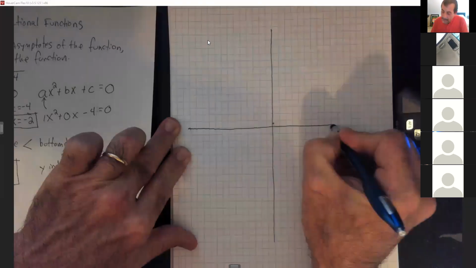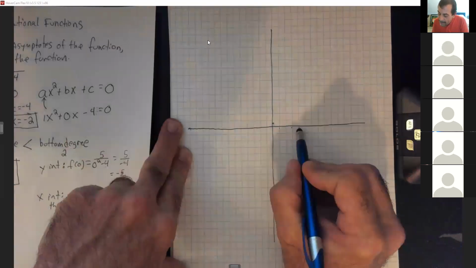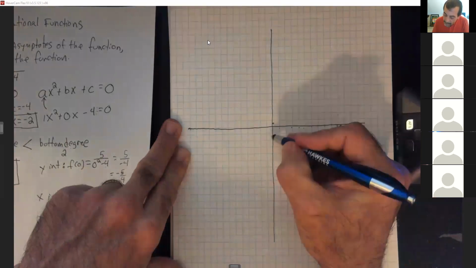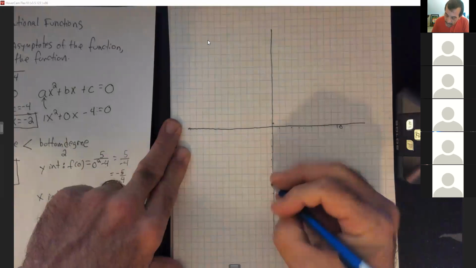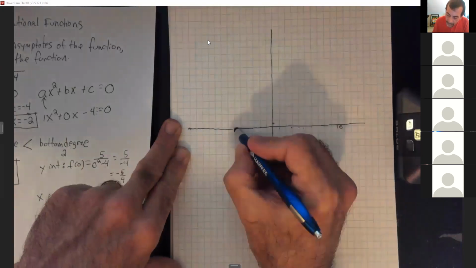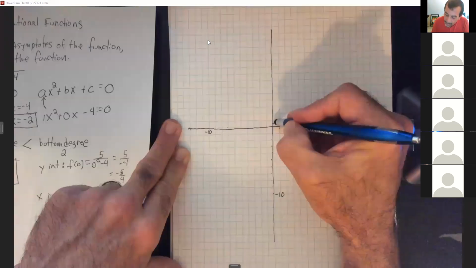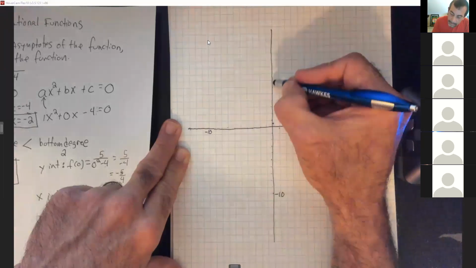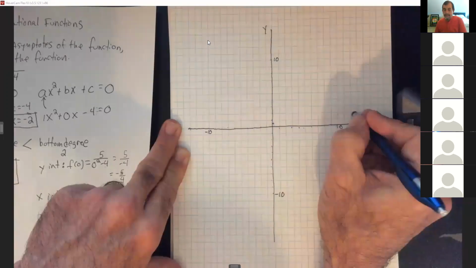And I'll go out about 10. So 1, 2, 3, 4, 5, 6, 7, 8, 9, 10. I'll go negative 10 left, and then 10 up. So that's my y-axis, and that's my x-axis.